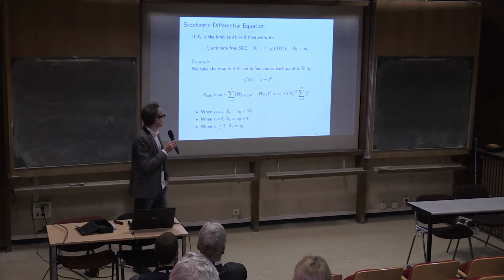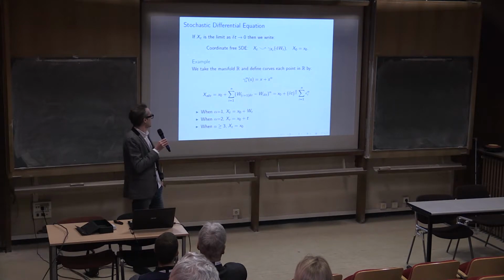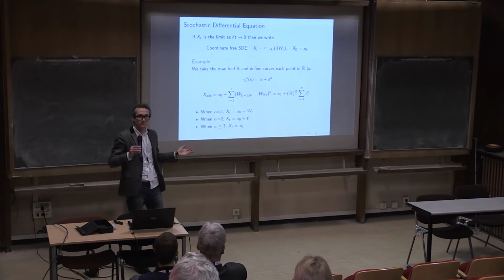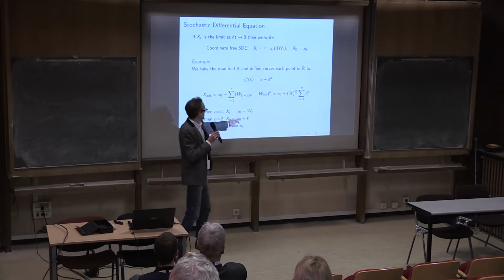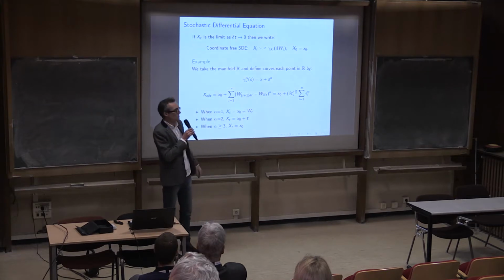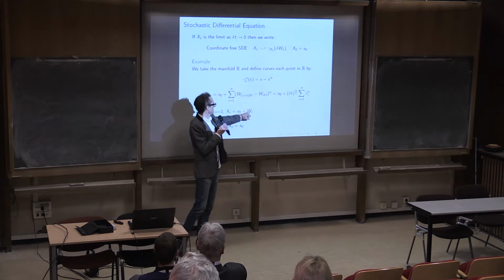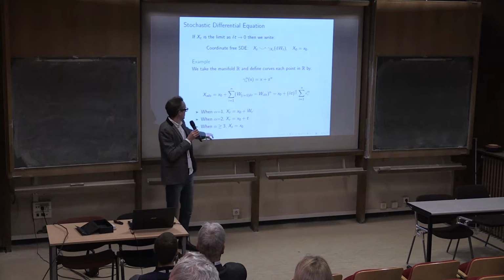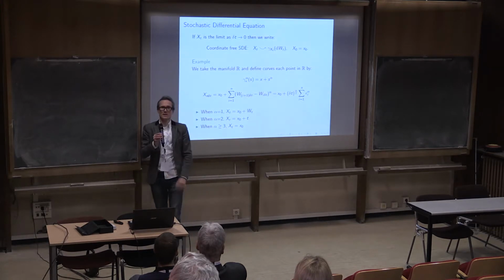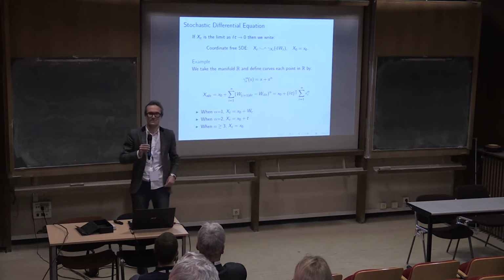Well, you can see it from the central limit theorem if you like, that when alpha is 2, this is going to converge to just time. When alpha is 1, it's trivial. We just end up with Brownian motion again. And when alpha is greater than 3, it's just going to converge to 0.